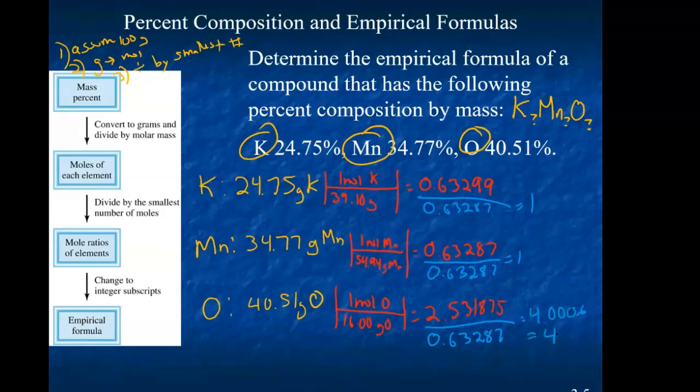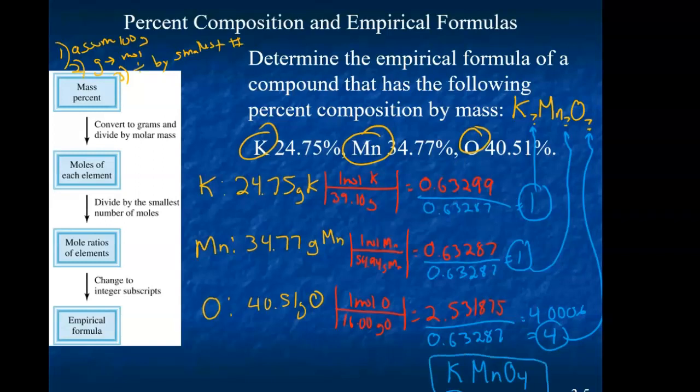I think we can call that 4. These are the numbers of our empirical formula. So we have 1 K, 1 Mn, and 4 O's. That is the empirical formula, right? So it's kind of fun, I think. You just have to remember the steps, right?